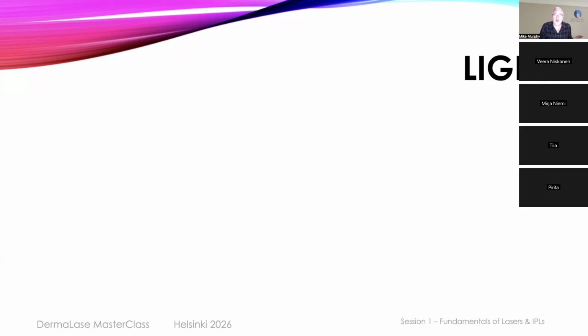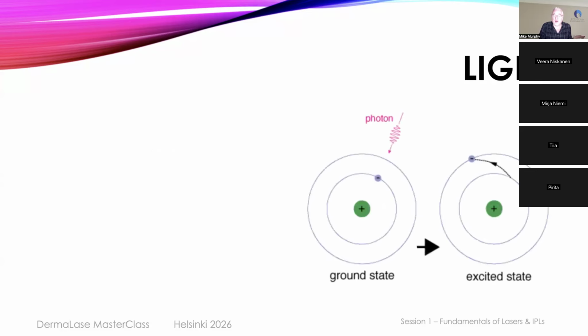That's a good expression. So light, let's start off with light. All light is formed by essentially photons striking atoms. In the atom, you've got your nucleus and you've got an electron, and the electron will absorb the energy of that photon and it jumps into a higher orbit, as you can see here.